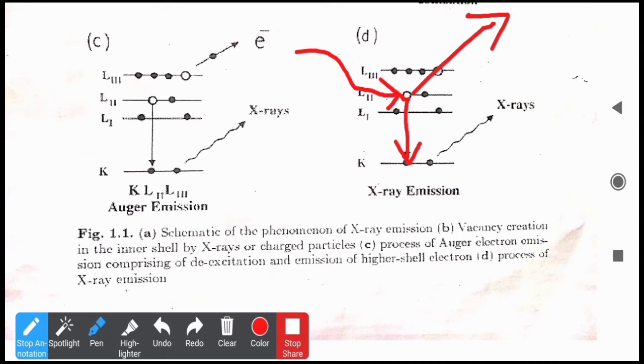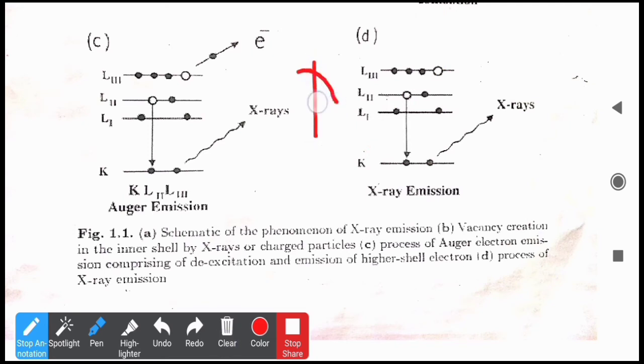Generally we use the duoplasmatron source or the cesium source, or sometimes protons are used as the primary charged particle. Once these ions interact with the solid sample, ionization happens in the sample due to the Coulombic interaction of the inner shell electrons with the charged particles.